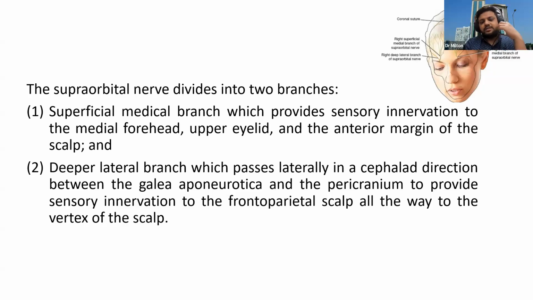The deep lateral branch runs in the cephalic direction, between the galea aponeurotica and the pericranium, to provide sensory innervation to the frontal as well as parietal scalp up to the vertex. So this covers a huge area.